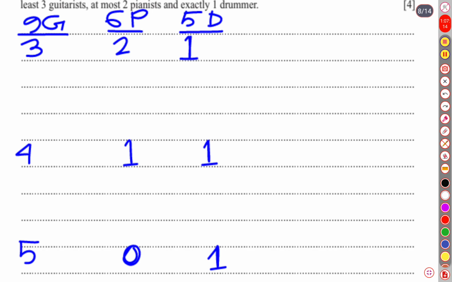So what is this actually? From 9 we have chosen, let me write just beside this, let me change the ink. So it is 9 choose 3. Then from 6 pianists we have chosen 2, and from 5 drummers we have chosen 1.